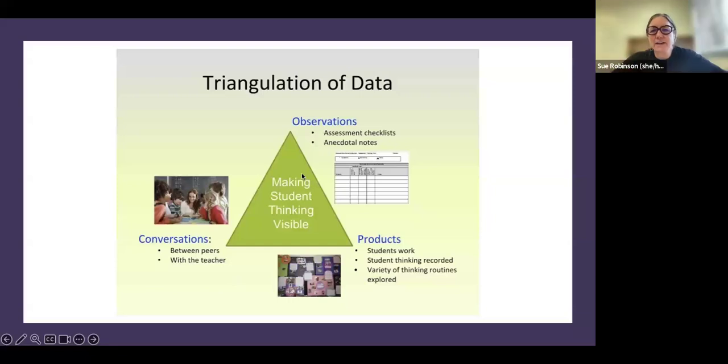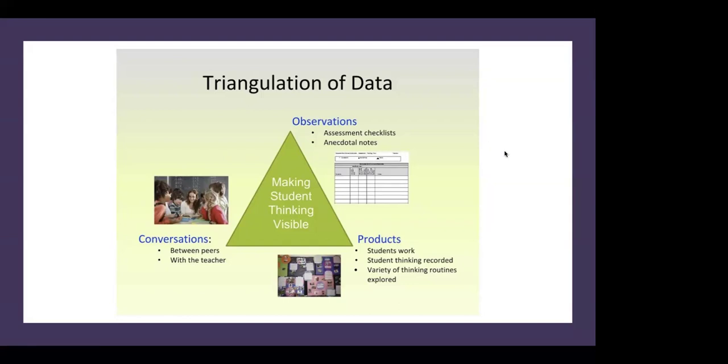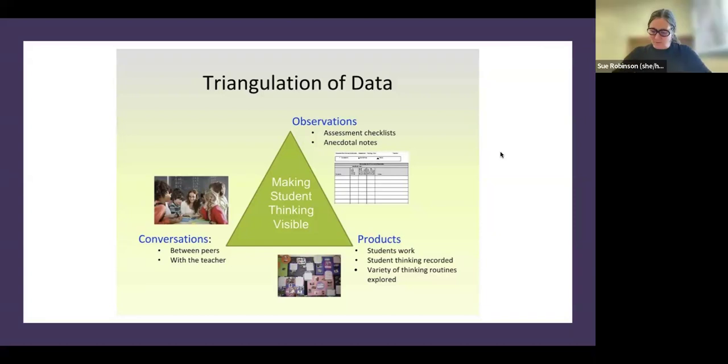And if we look at the triangulation of data, these 3 pillars are things we should be considering as we're trying to uncover student thinking, and observations is one of those 3 pieces that we want to consider. And then the idea of student choice and student agency: when we give a test, the students have no agency. They're just doing the questions that we picked out, and they have no say in the matter whatsoever.